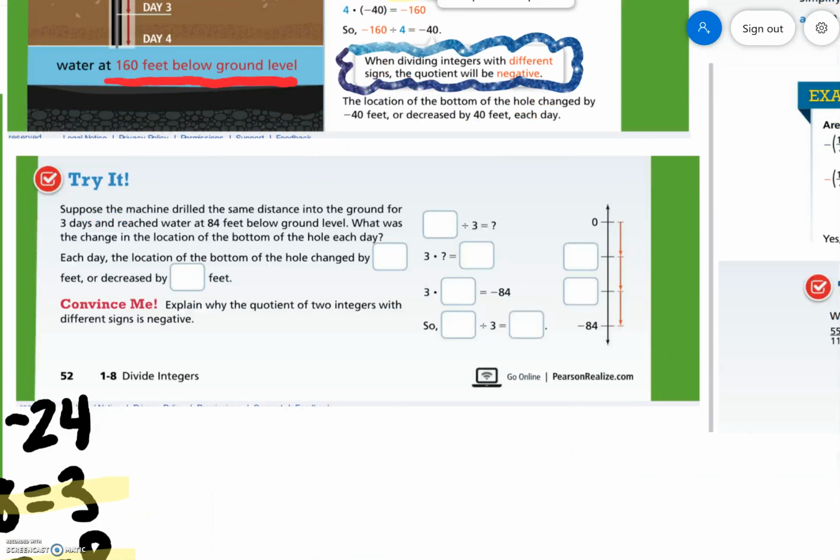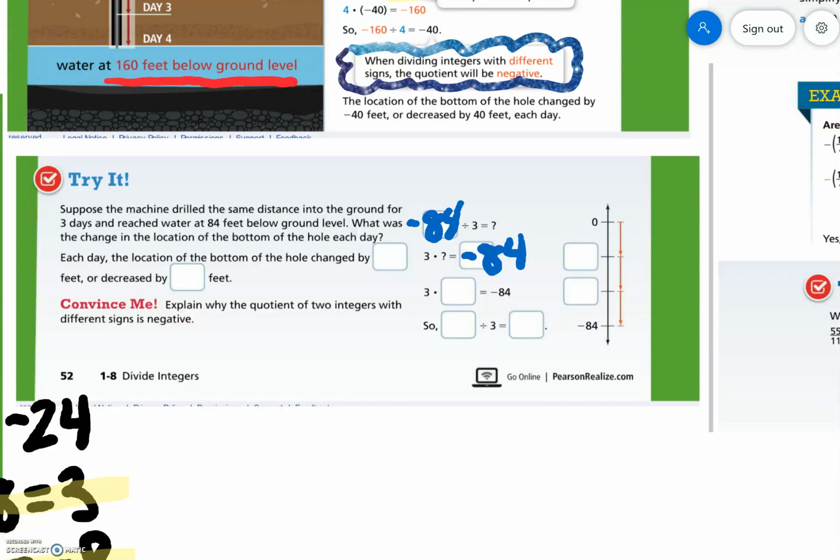Let's try it. Suppose the machine drilled the same distance into the ground for 3 days and reached water at 84 feet below ground level. What was the change in the location at the bottom of the hole each day? All right, so we are trying to figure out what negative 84 divided by 3 is, or to write it as multiplication, 3 times what equals negative 84? Is our answer going to be positive or negative? Negative. Okay.